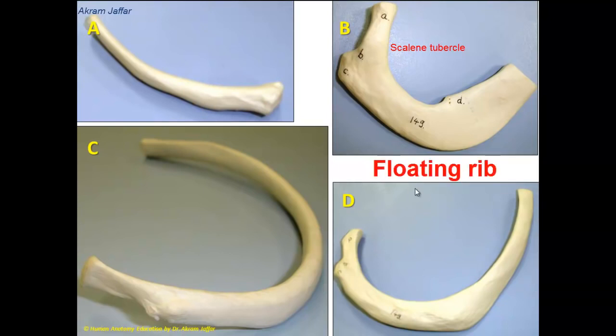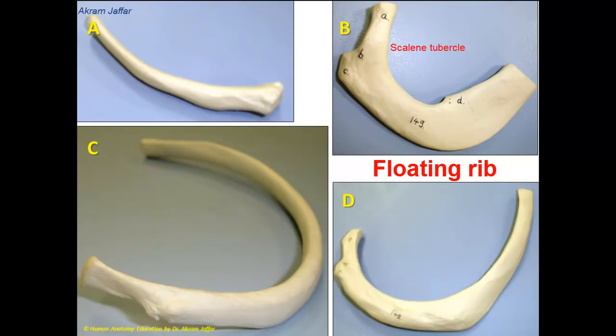Floating rib. So the floating rib is, by definition, the rib whose costal cartilage is not attached to the sternum at all. It's not attached to the sternum, neither directly nor indirectly. These are ribs 11 and 12. And so in A, this is either rib 11 or rib 12. I cannot exactly say from this picture whether it's 11 or 12.